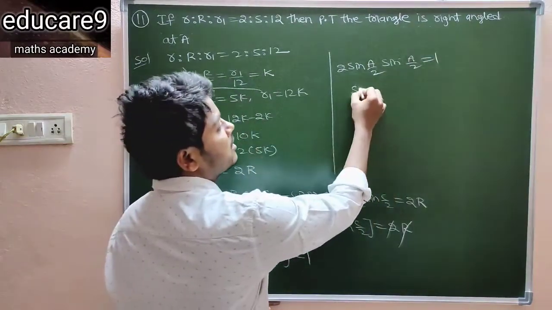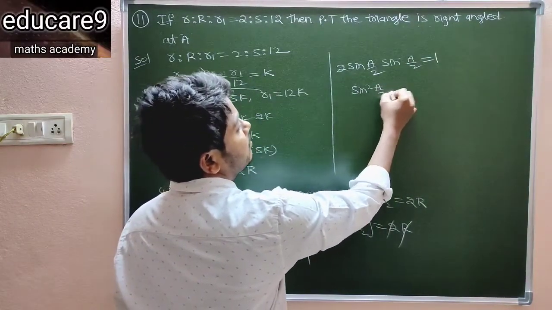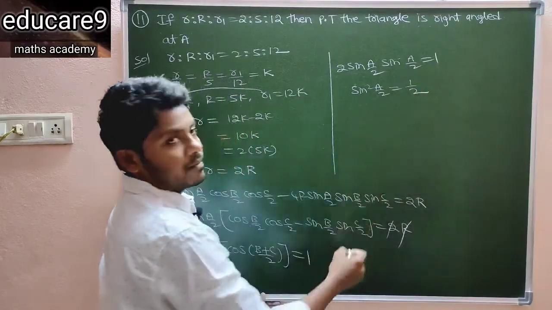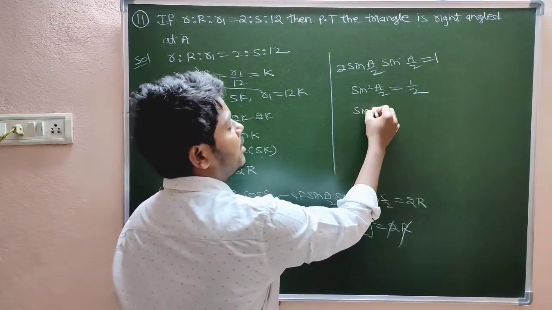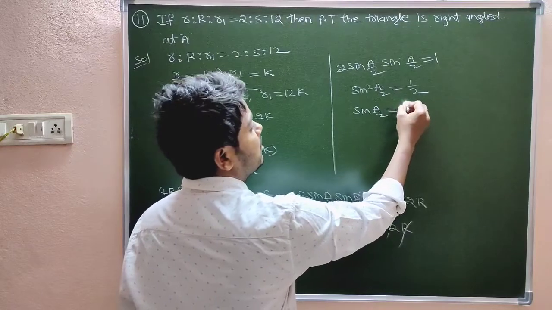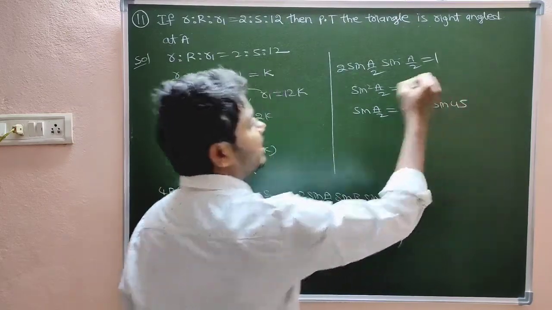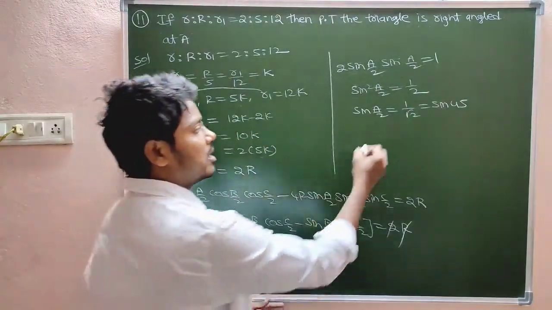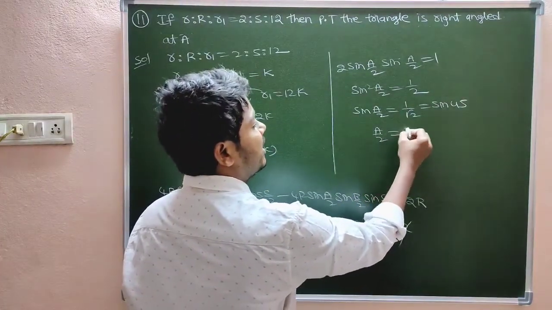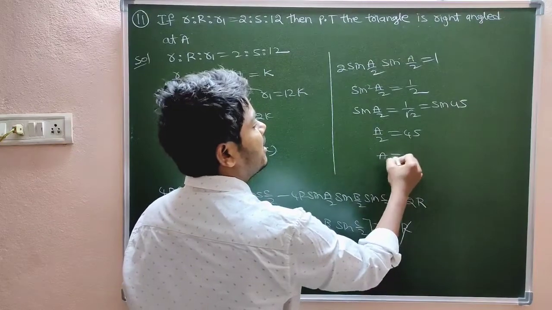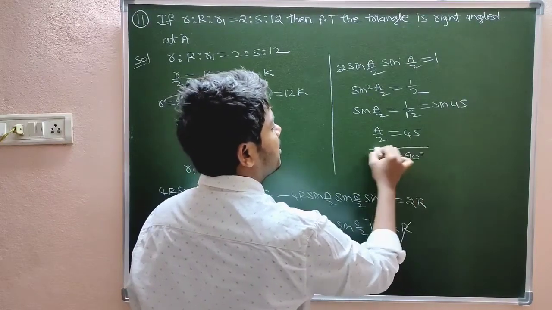So this is sin square A by 2 is equals to 1 by 2. So sin A by 2 is equals to 1 by root 2. This is sin 45 degrees. So therefore equating the angles, A by 2 is equals to 45, A is equals to 90 degrees.